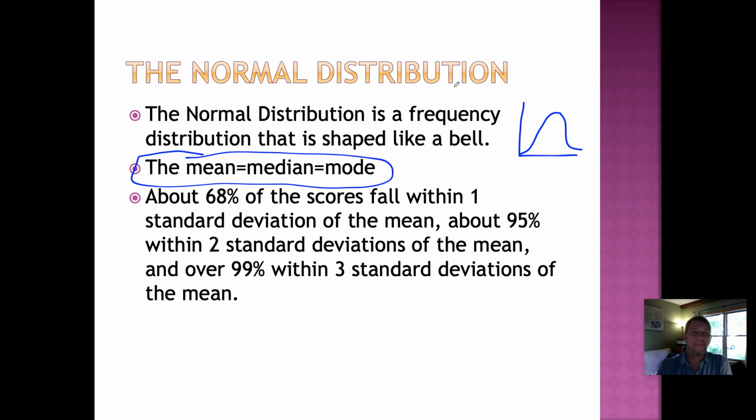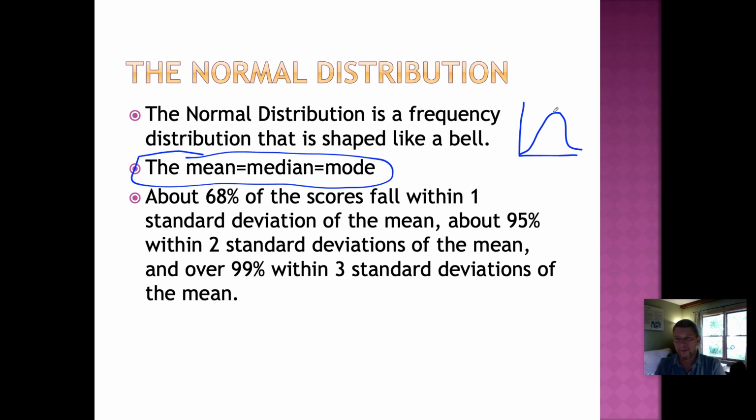Now, the way that a normal distribution works, because of the bell-shaped curve, we know for a fact that if the mean, median, and mode are all equal, then 68% of the scores are going to fall within 1 standard deviation of the mean.